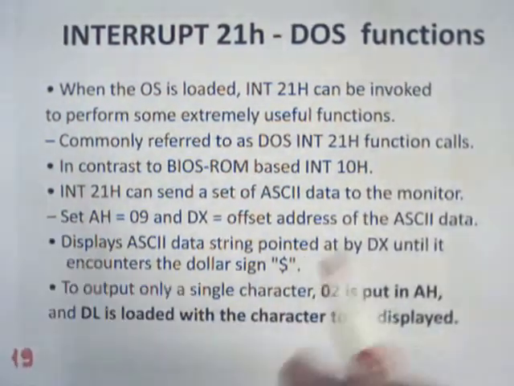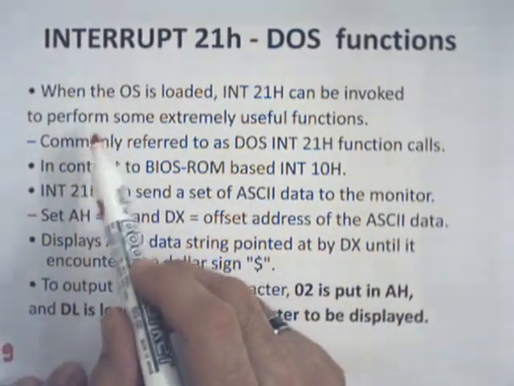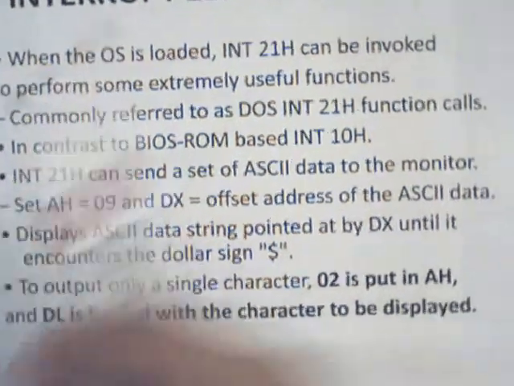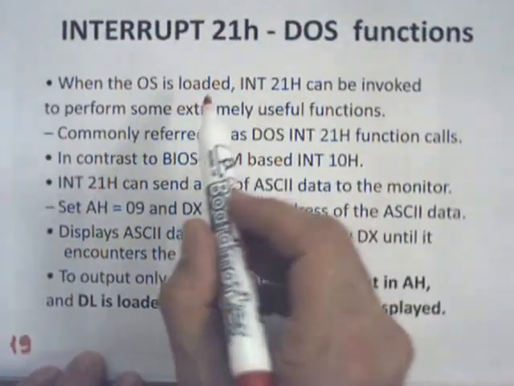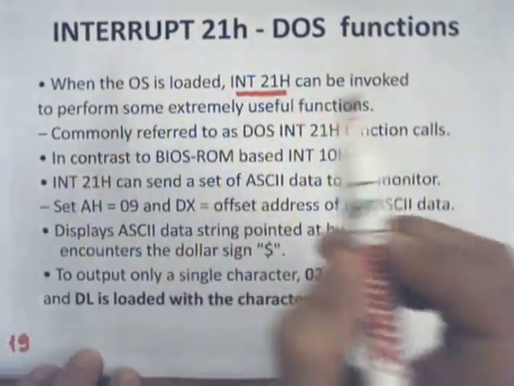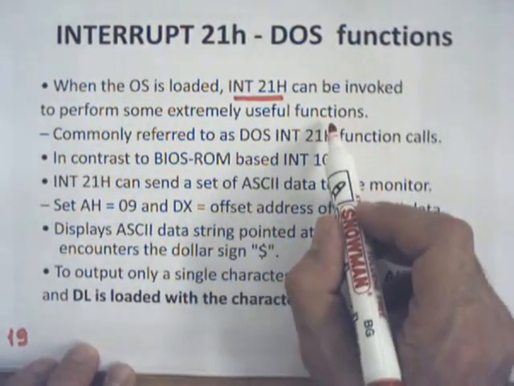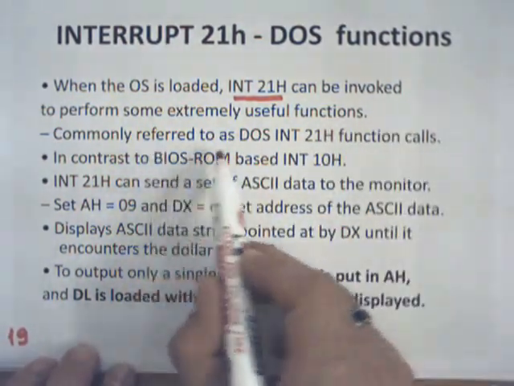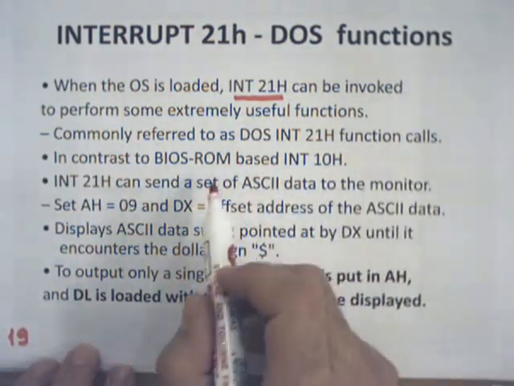DOS functions are very widely used, and many examples can be found. When the operating system is loaded, this interrupt can be invoked to perform some extremely useful functions. They are commonly referred to as DOS INT 21 hex function calls.